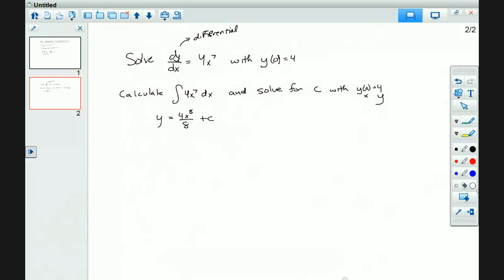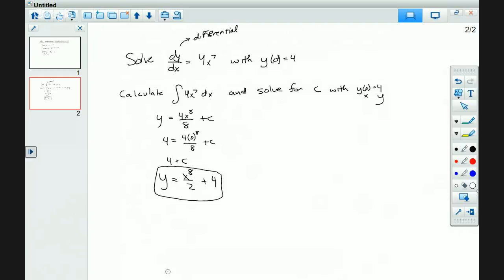So 4 times 0 to the 8th. Oh man, they made this one easy. Yes, we did. So 4 is c. What's our function? Yeah, y equals 1/2 or over 2, it doesn't matter, plus 4.